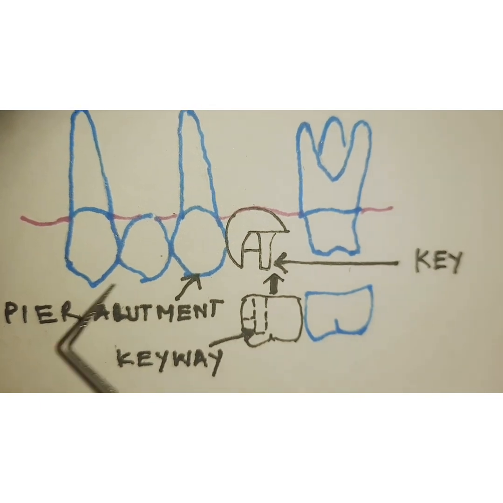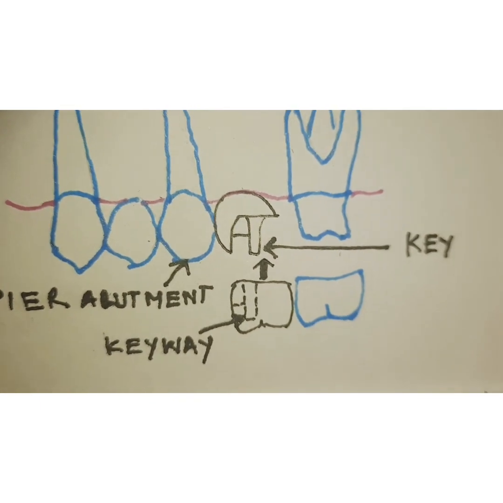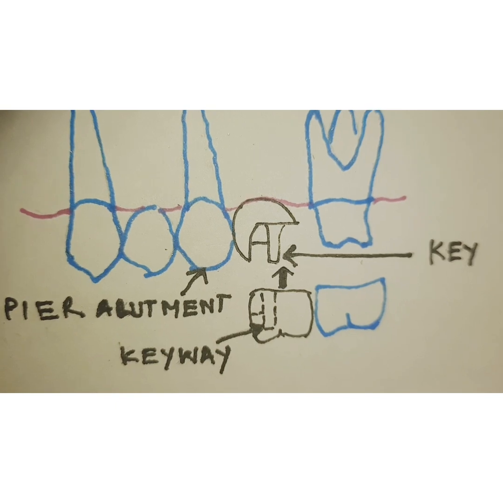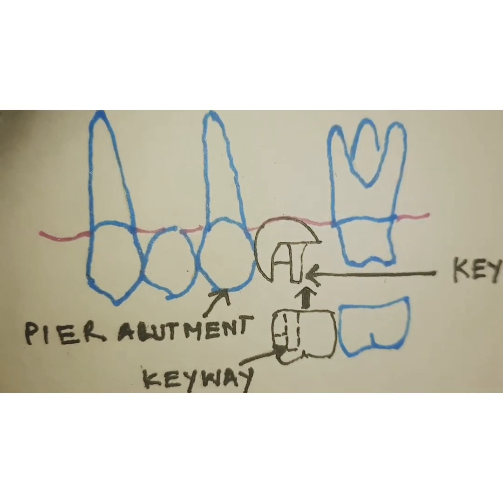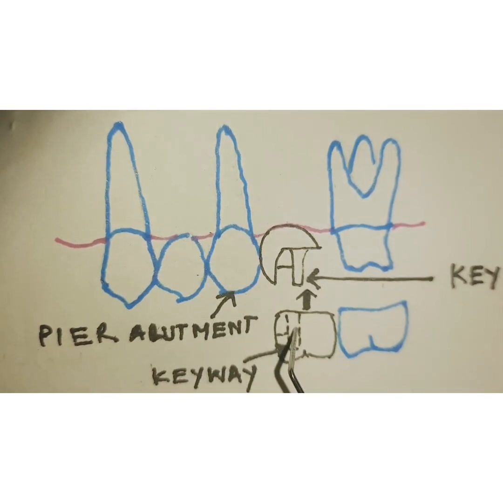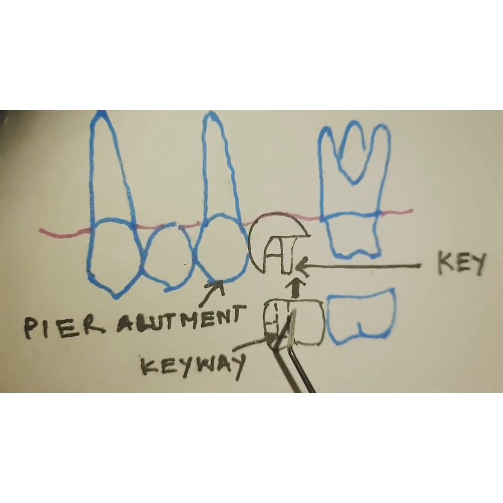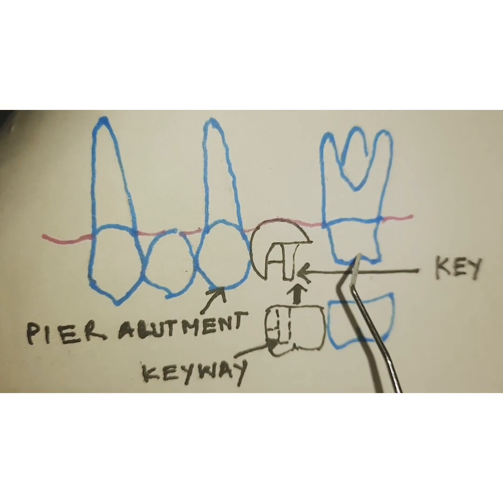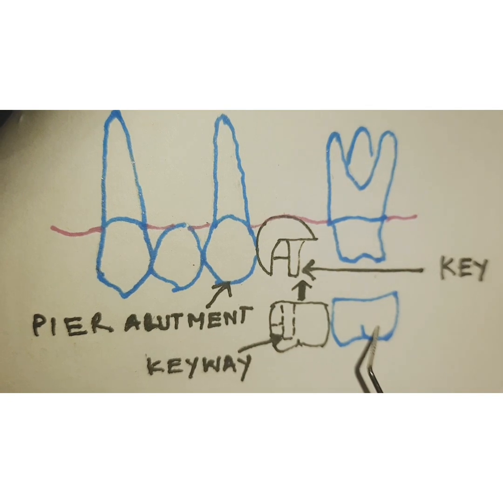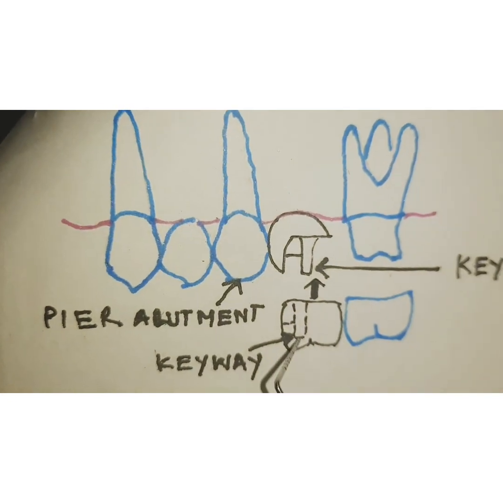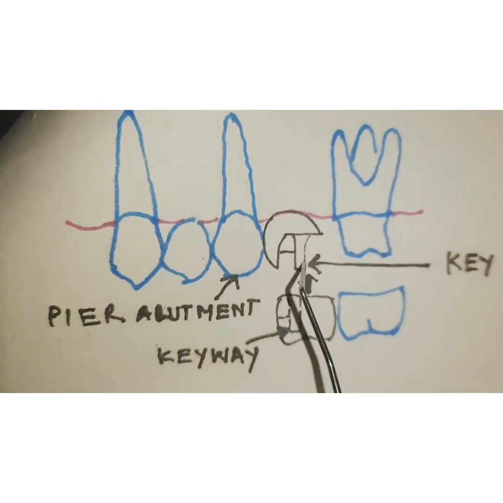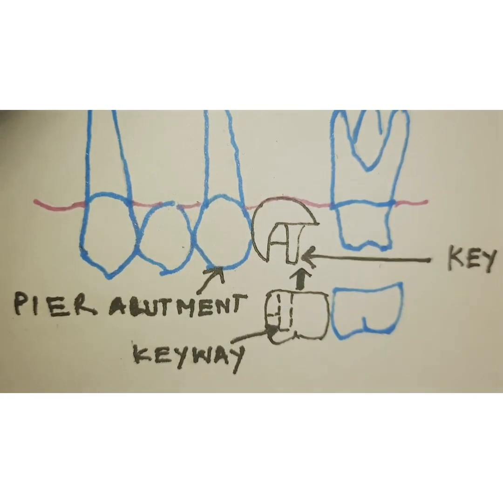and then you are going to cement this part onto the prepared teeth. Once you have done that, you are going to prepare a keyway on the other retainer, which is connecting the distal abutment, and this keyway is going to go into the key and fit into this.